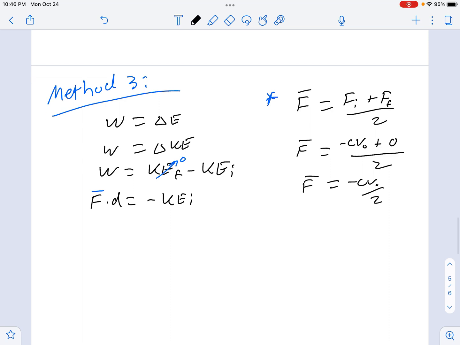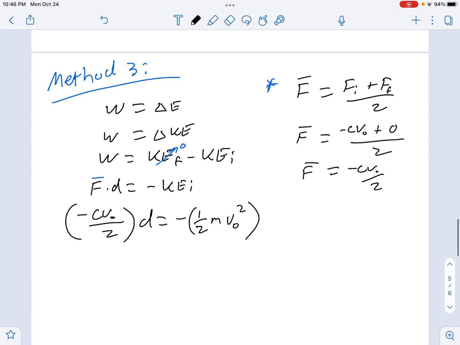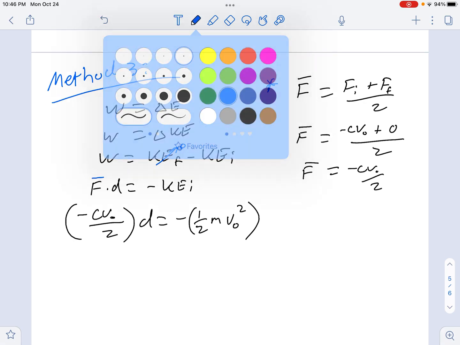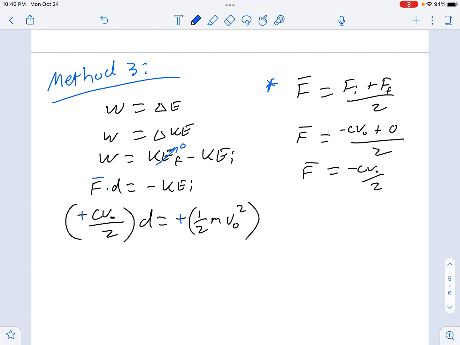So the average force is just then minus C V naught over 2. Let me go ahead and plug that in back over here on the left. So I get this minus C V naught over 2. There's my force times my distance is equal to the negative of the initial kinetic energy. And initial kinetic energy, the general form, is just 1/2 times mass times v squared, where it starts with this thing that we call the v naught for the initial velocity. Notice here that the negatives appear on both sides, so they just cancel out.